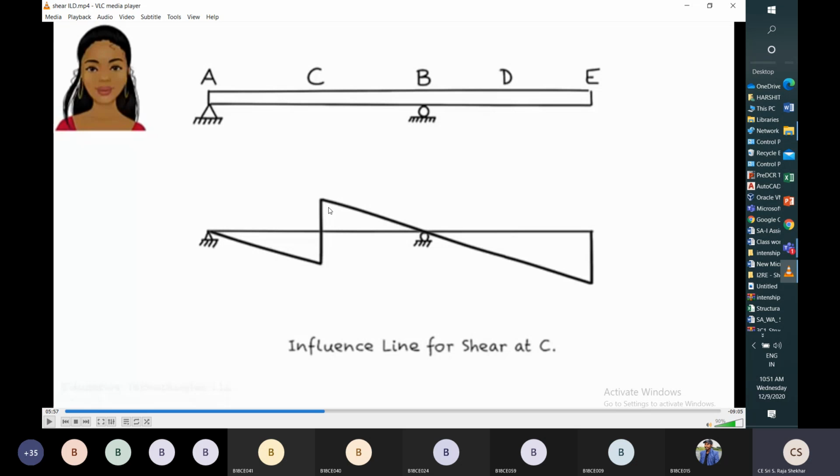Okay. So we know this value, L minus Z by L. From similar triangles, we can calculate this ordinate also. This is one triangle and this is another triangle. From these two similar triangles, we can calculate this ordinate. Like that we can calculate the ordinates.